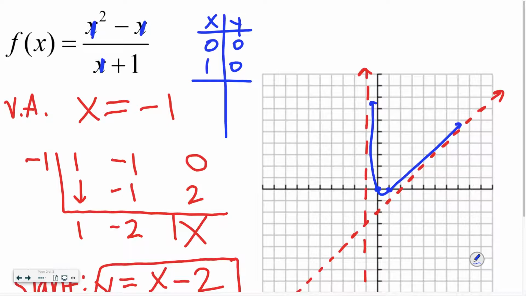Okay, so don't panic. In the case of an oblique asymptote, if your 2 points are right next to each other with the same height, sometimes that's going to happen. All right, and then on the left side of -1, we can plug in -2 and -3.